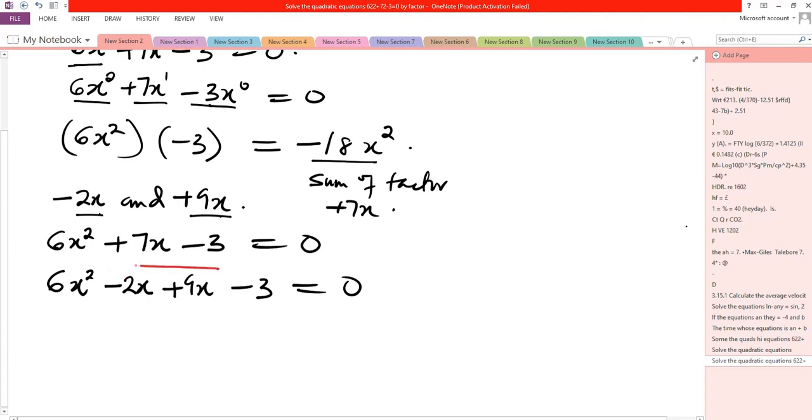Minus 2x plus 9x is equal to plus 7x. So this minus 3 is the same thing as here, and this 6x squared is the same thing as here.